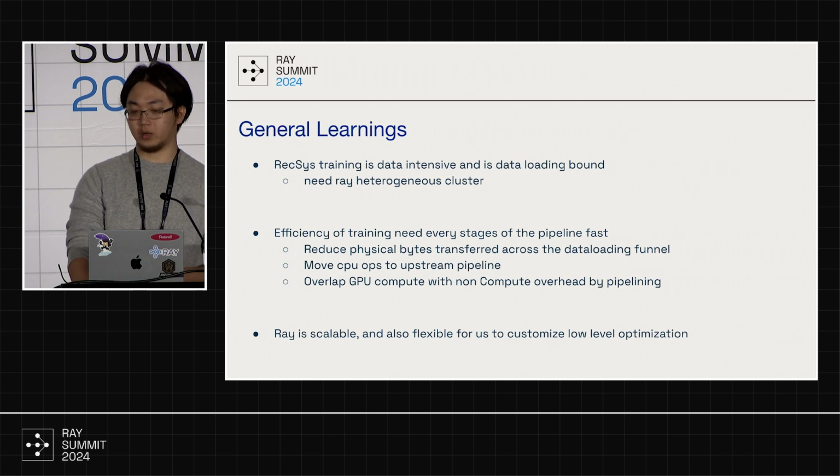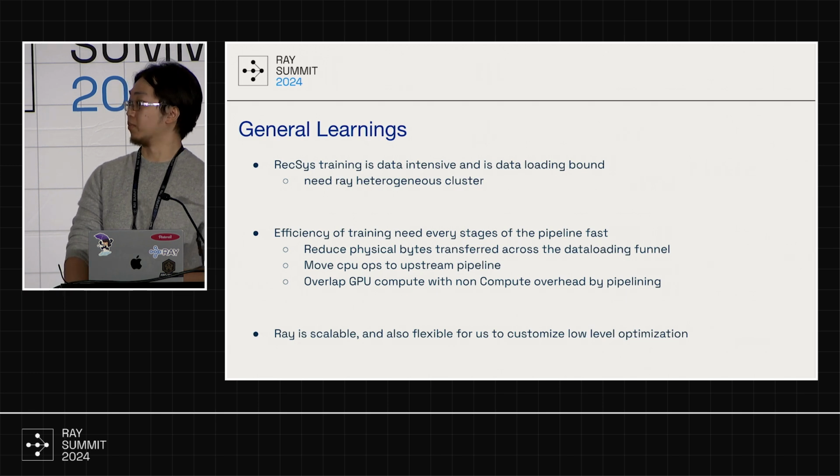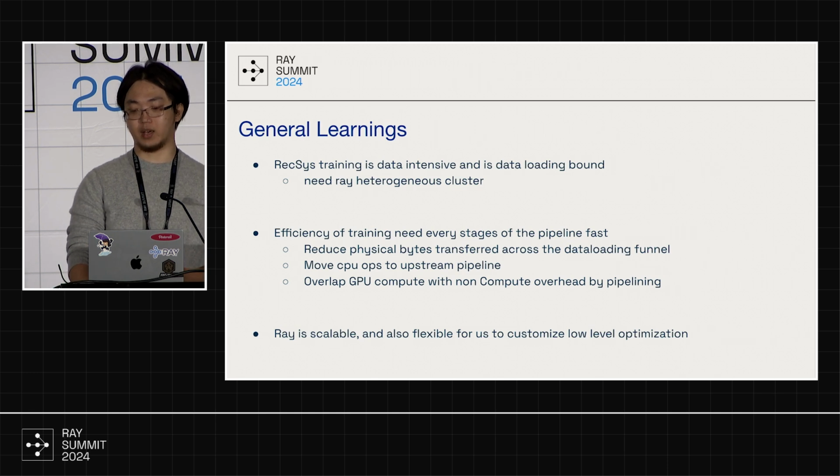And for those critical paths that we cannot move, we want to make sure we offload them to GPU compute as much as possible, so as to minimize the overhead coming from data movement. And then finally, really provide good scalability, and at the same time be flexible for us to customize any optimization we want to fit our own ML training systems.